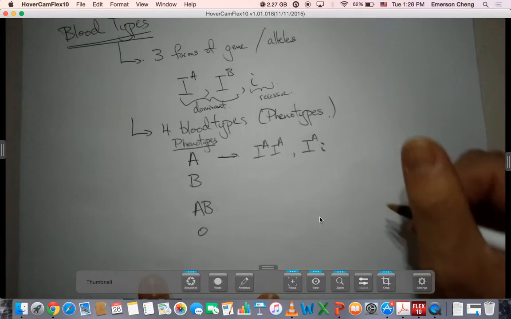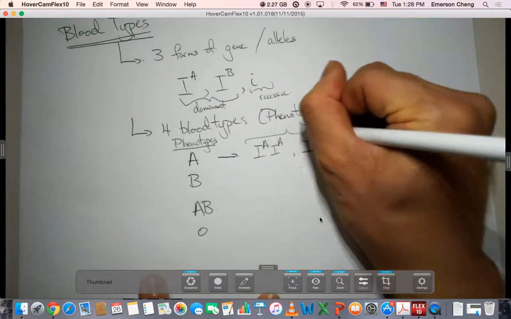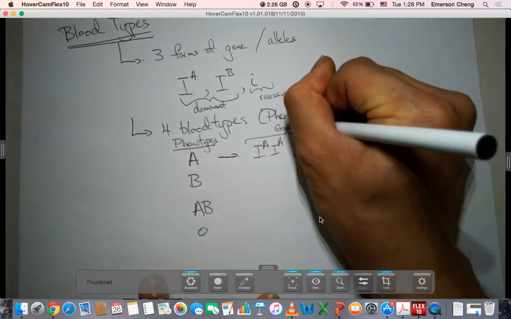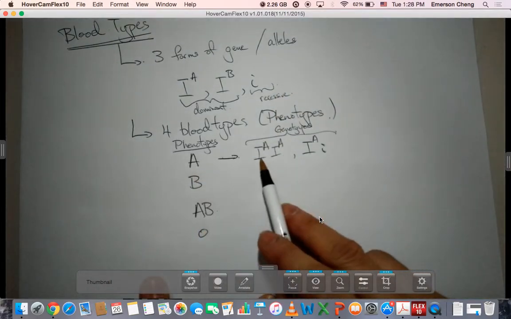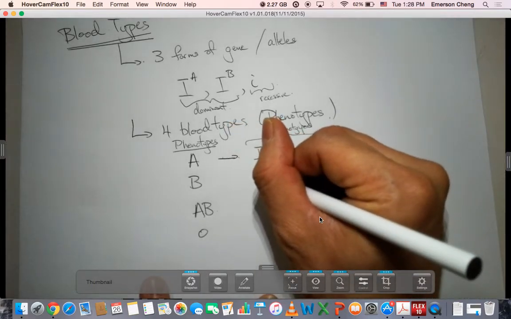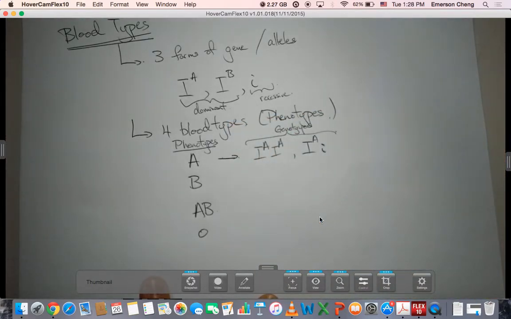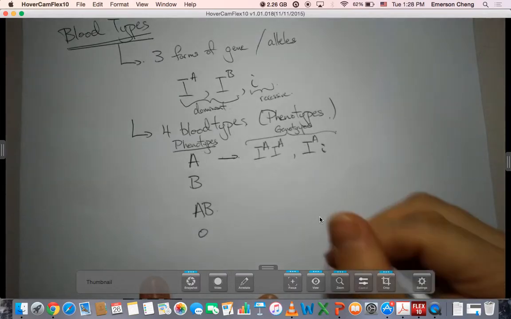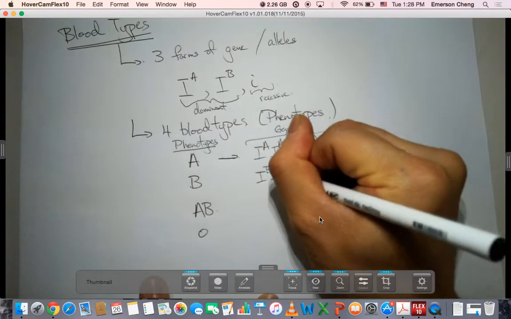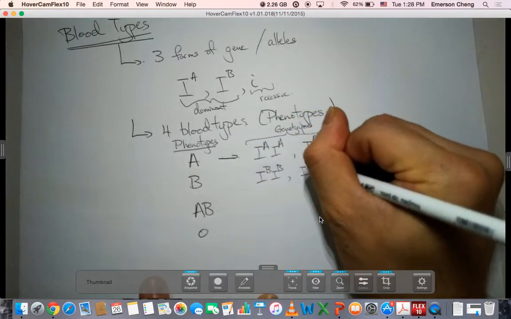Those are your genotypes. So if you have blood type A, you have possibly these two. If you have blood type B, any blood type B? It's IB IB, or IB and a small i.